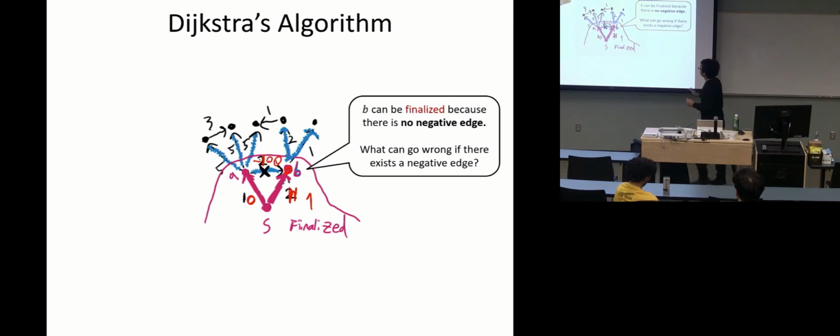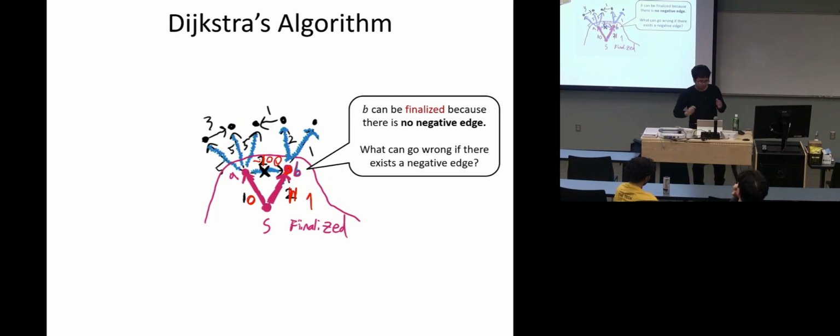We would reach B first, and it would take 10 time steps before we reach A. B would be finalized already, but you see that there is actually a shorter path that goes through this guy.